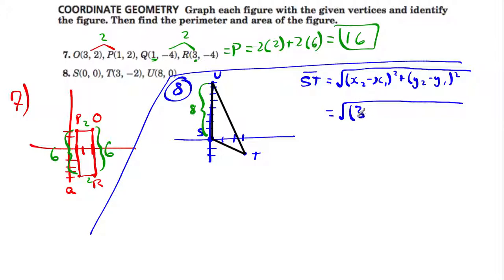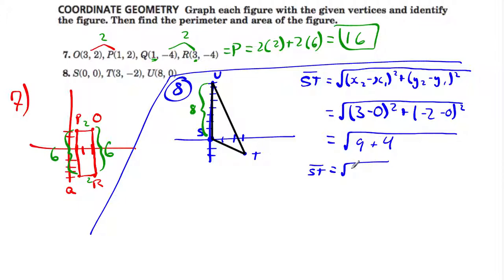I'm going to have 3 minus 0 squared plus negative 2 minus 0 squared. So this gives me the square root of 3 squared, which is 9, plus negative 2 squared, which is 4. So that means that ST is equal to the square root of 13.